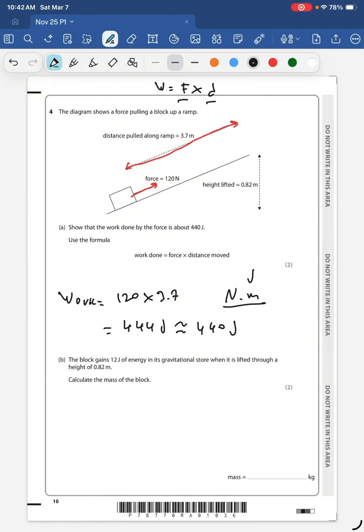So this is just the gravitational potential energy formula. mgh is 12, so the mass is 12 joules over 9.81, that's meters per second squared, and h is 0.82 meters. So the result is 1.49, and then we have joules.